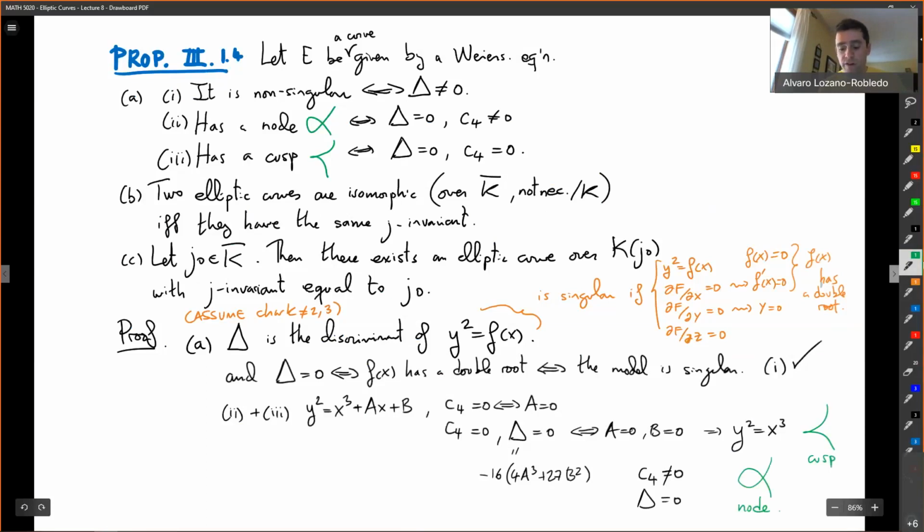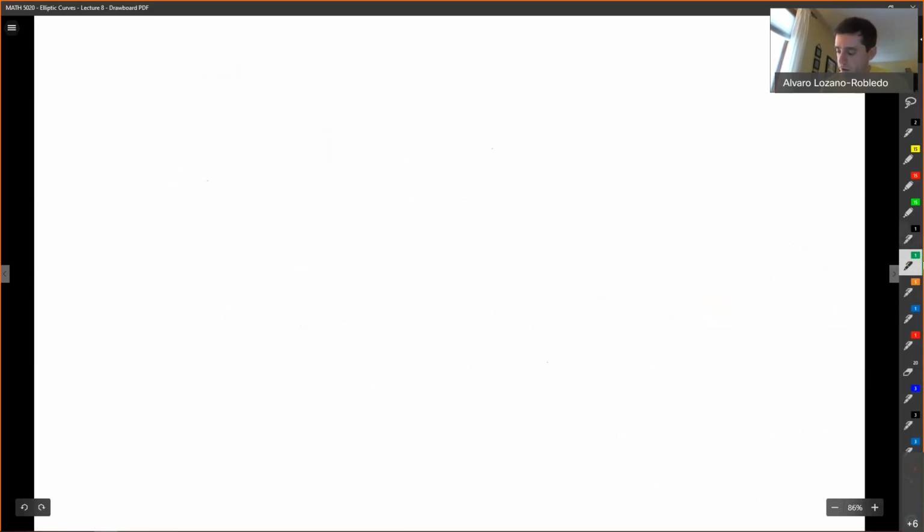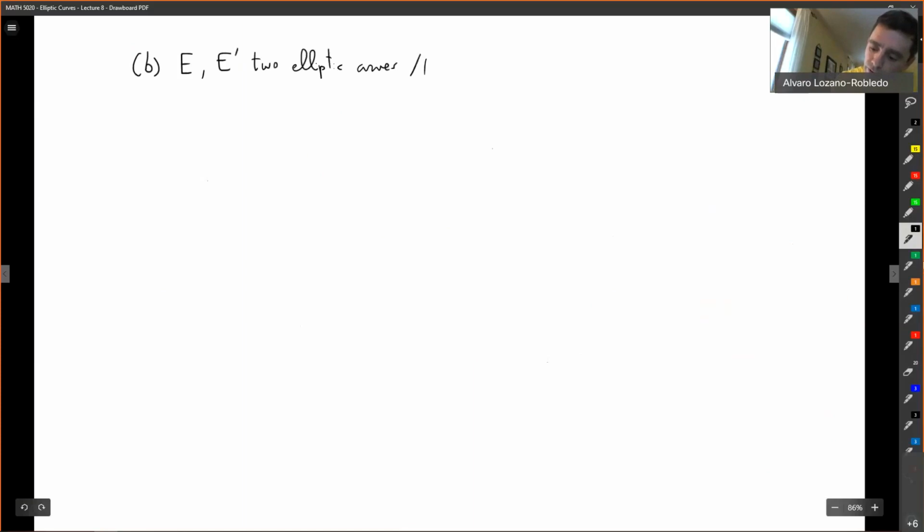We're going to prove that two curves are isomorphic if they have the same j-invariant. So first of all, suppose you have E and E prime, two elliptic curves defined over K, and let's suppose first of all that they're isomorphic.